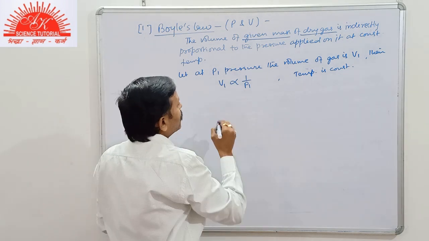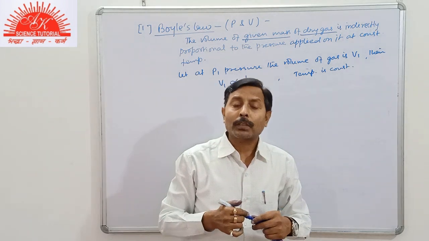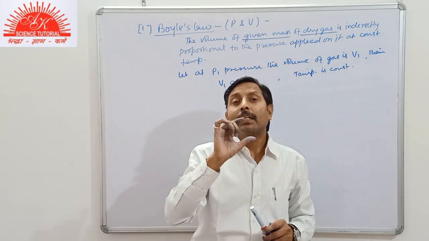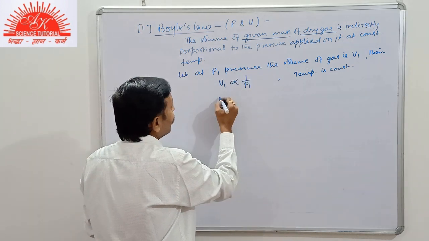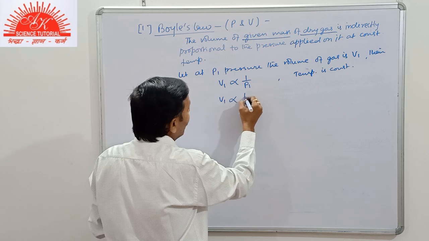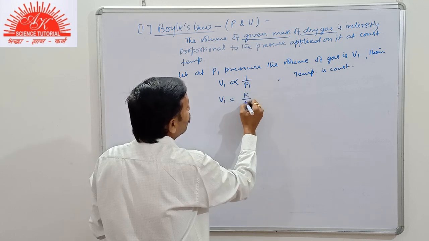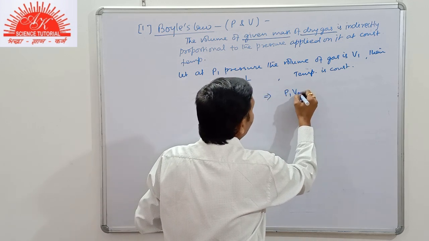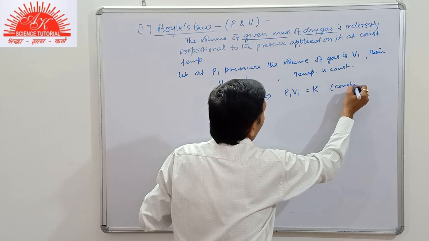If we remove the sign of proportionality in any topic, we place a constant for it. Suppose here we place the constant as K. So V1 equals K by P1, and therefore P1 into V1 equals K, which is constant.